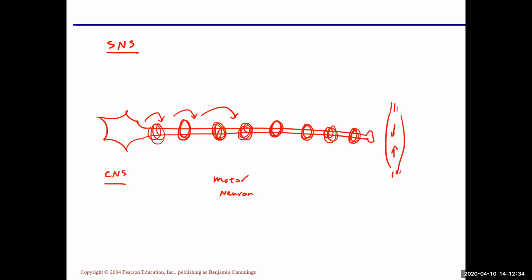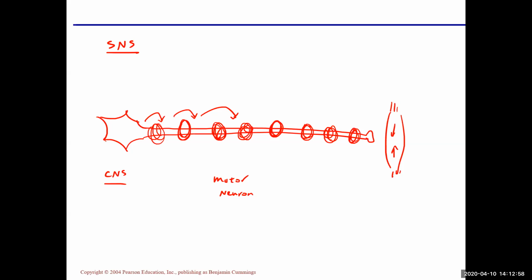And interestingly enough, this is quite fast. Think about how fast you can move your muscles right now. How long does it take for you to write something down or turn around or snap your finger? It's very, very quick. Again, one of the reasons is these myelin sheaths and long axons.